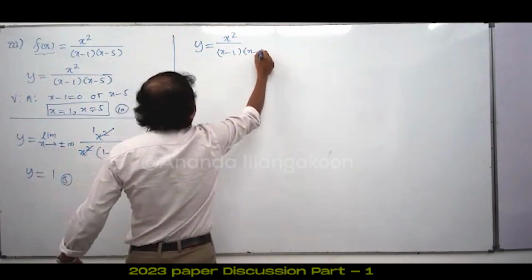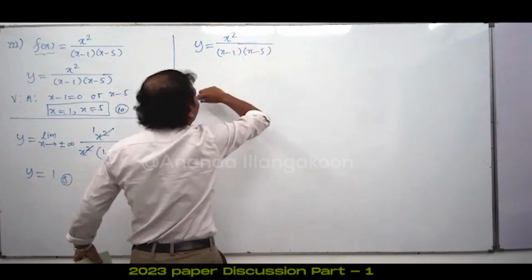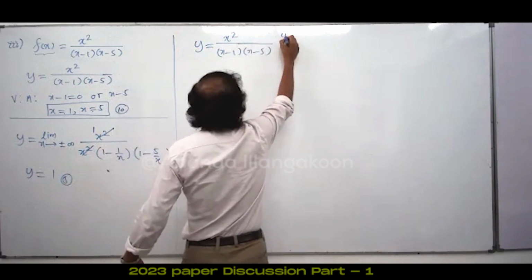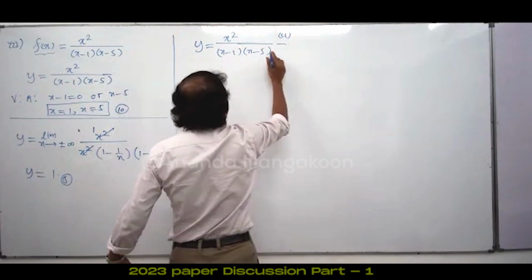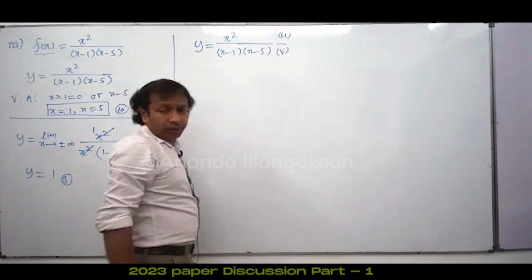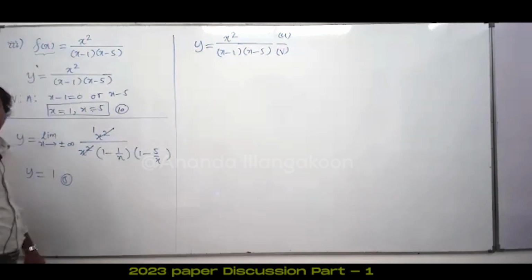Tell me how to differentiate this. This one you have to take as u, and this product you have to take as v. You have to follow the u upon v form to differentiate this.